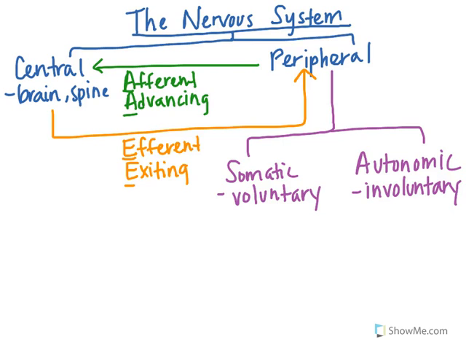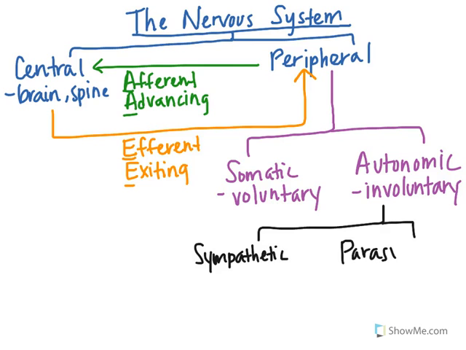Now, the autonomic nervous system is further broken down into the sympathetic nervous system and the parasympathetic nervous system.